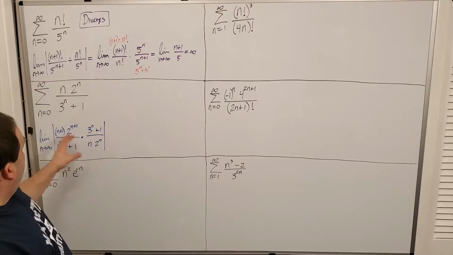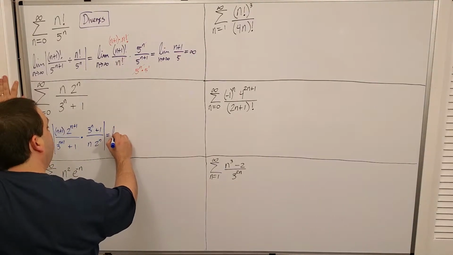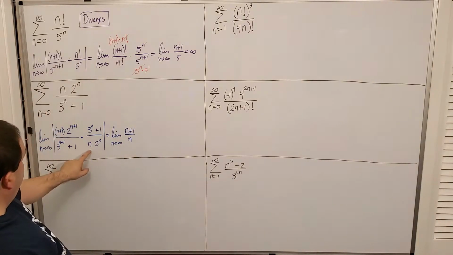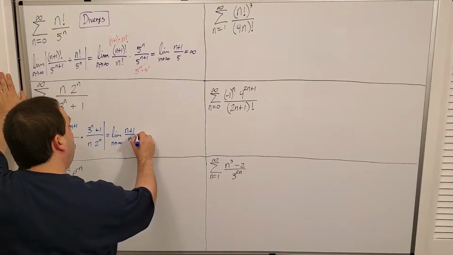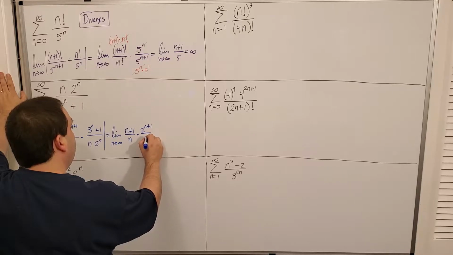So then let's mix and match here. That means that I've got the limit as n goes to infinity of n plus 1 over n, right? That's these two pieces that are multiplied and divided. I have times 2 to the n plus 1 over 2 to the n.